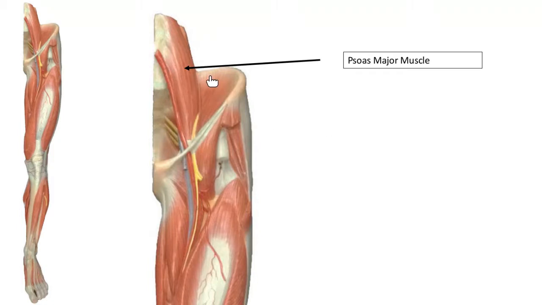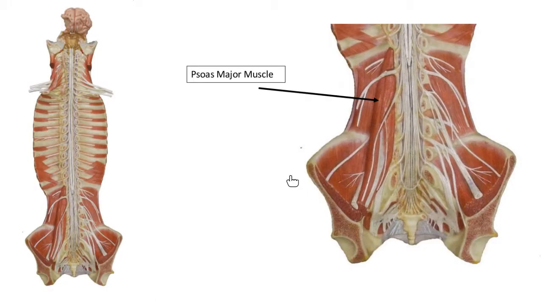We're going to review this on a couple different models because we're going to talk about the iliopsoas muscle, which the psoas major is part of. So here's the psoas major. You can see it on this model here, lateral to your spinal column.